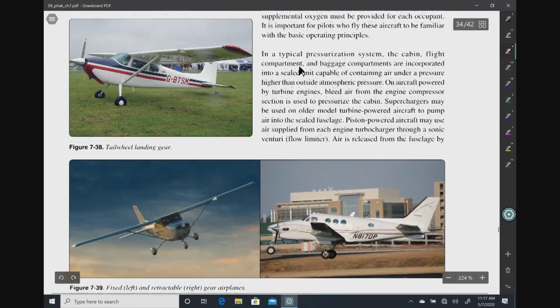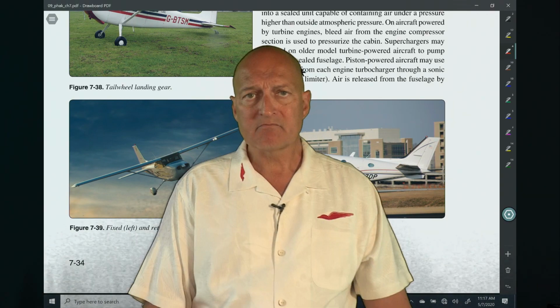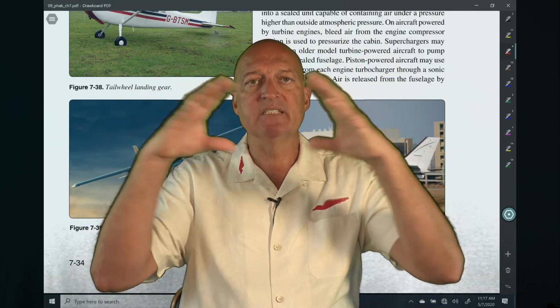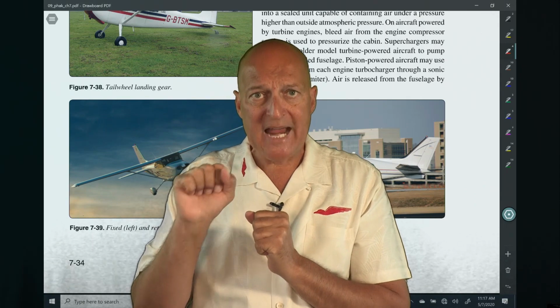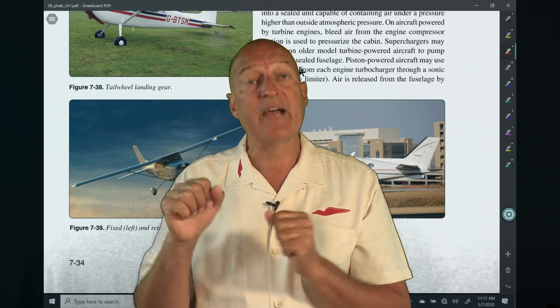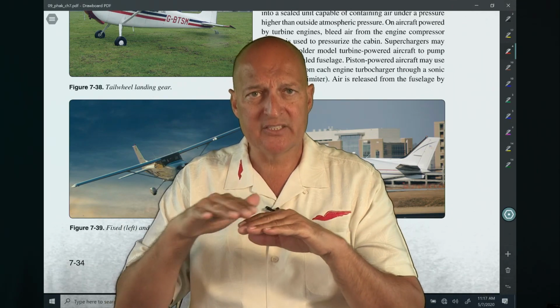Now, what's the difference between pressurized aircraft and non-pressurized aircraft? So, in a pressurized system, you have seals that seal off everything inside the fuselage, and you have a pump that pumps air and oxygen into the cabin of that aircraft to pressurize it at a certain MSL, at a certain sea level rating.